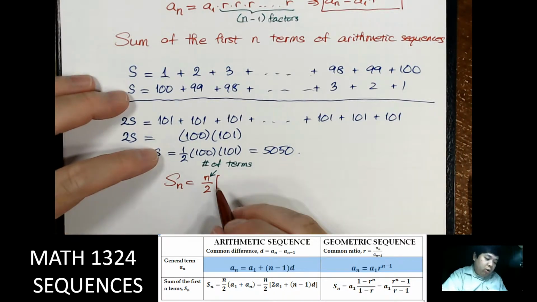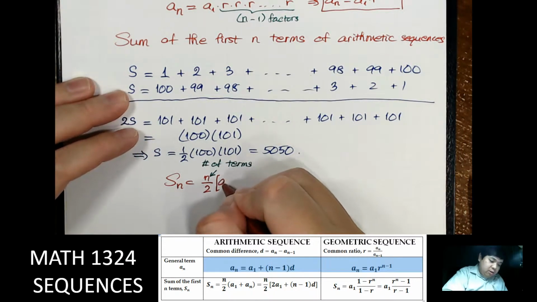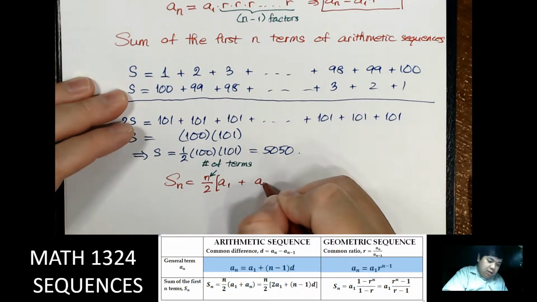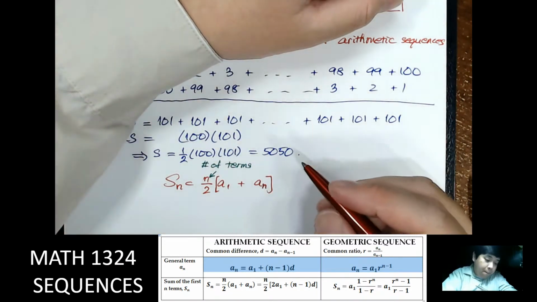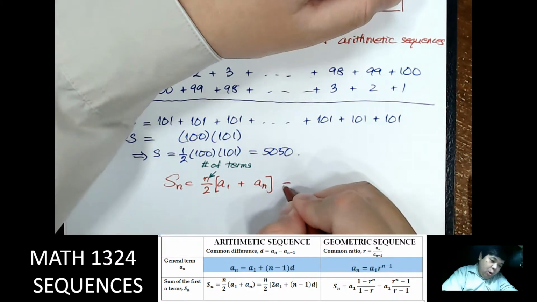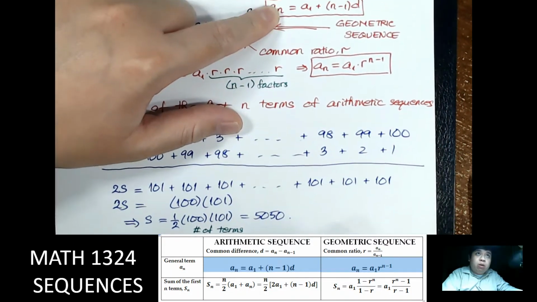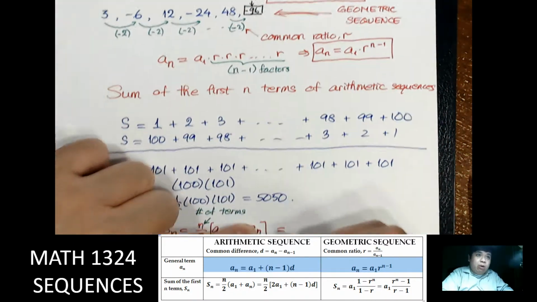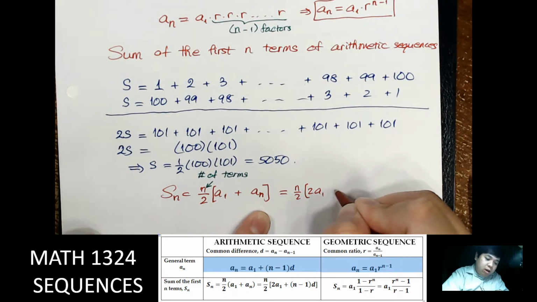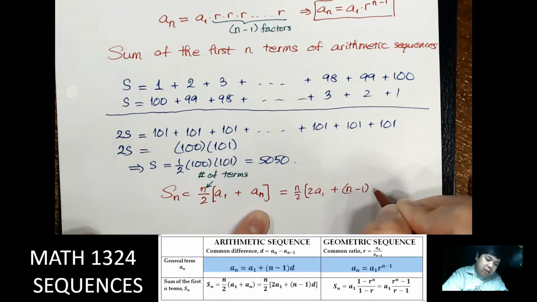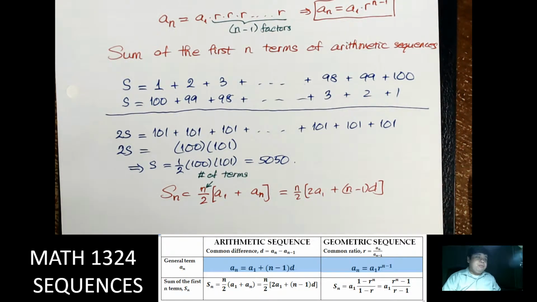And after that, we're going to have 101, which is the first term, plus the 100th term, in this case a sub n in general. Or we can substitute that formula up there down into a sub n, and we have n over 2 times 2 a1 plus n minus 1 d.